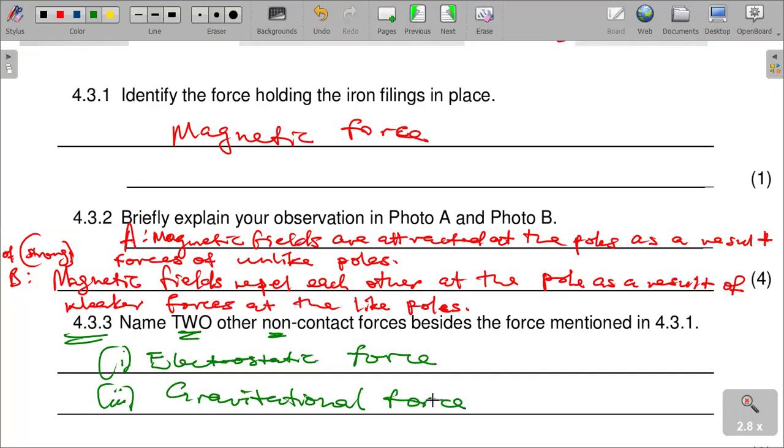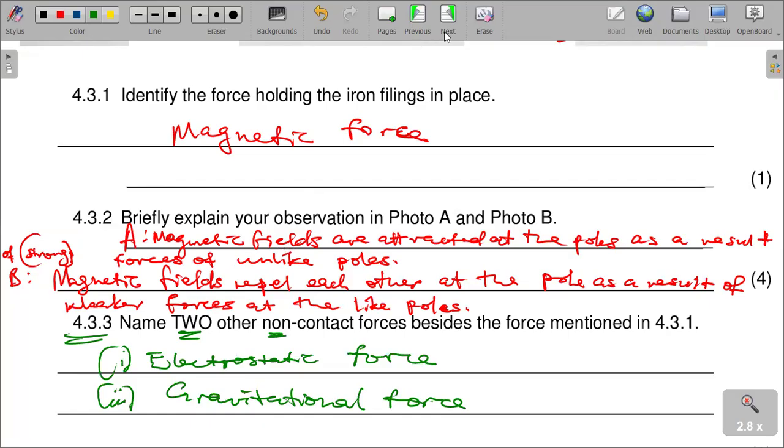There are two other examples of non-contact forces besides the force that is mentioned above there. So we have gravitational force and electrostatic force as two other examples of non-contact forces.